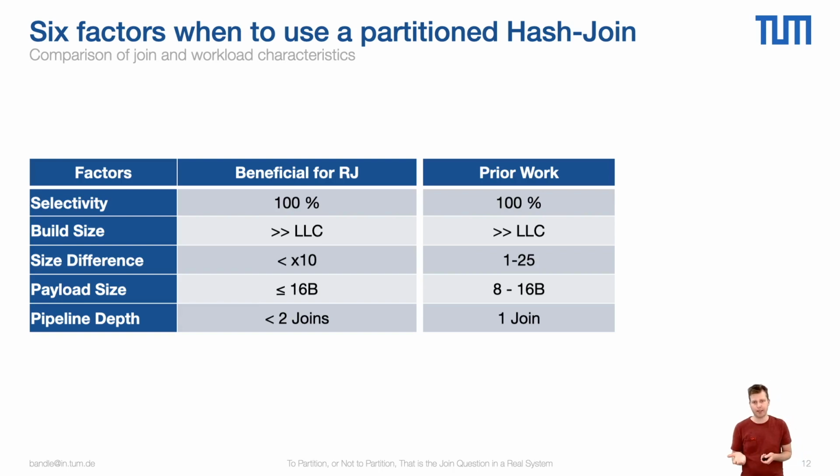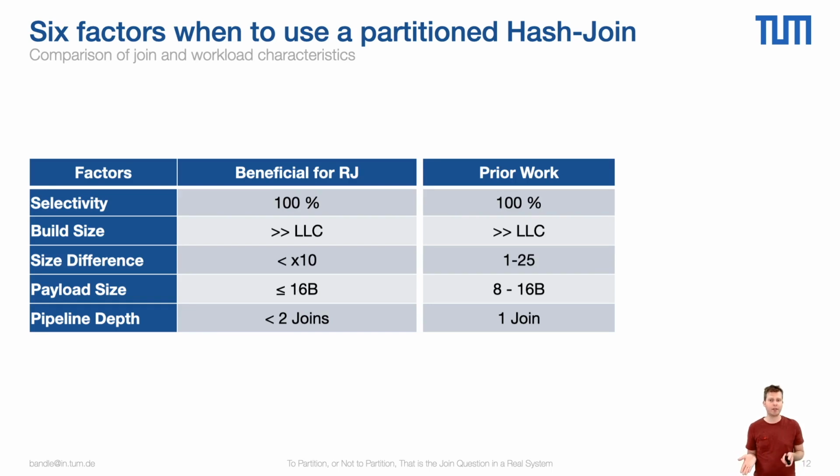So looking at the selectivity, the radix join performs best with 100% selectivity, which was also the case in prior work's micro benchmark. Then the build size is also mostly larger than the last level cache and also beneficial for that partition join. With the size difference being also in a good range here, we also see a good performance for the partition joins.